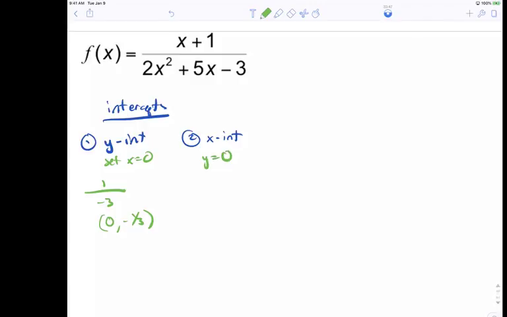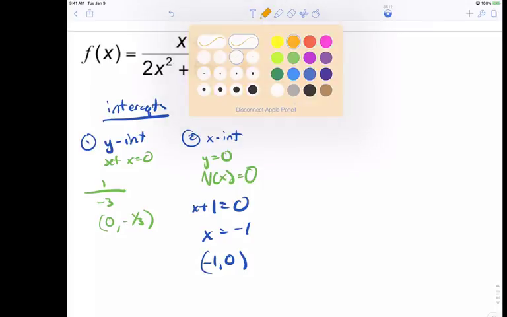When the numerator is equal to 0. If we set the numerator to 0 and solve, we get x plus 1 equal to 0, x equals negative 1. So the X-intercept should be (negative 1, 0). Okay? We're building a case.